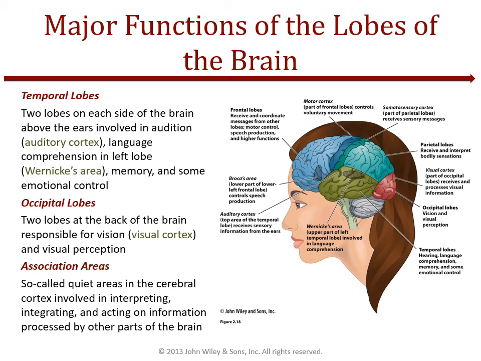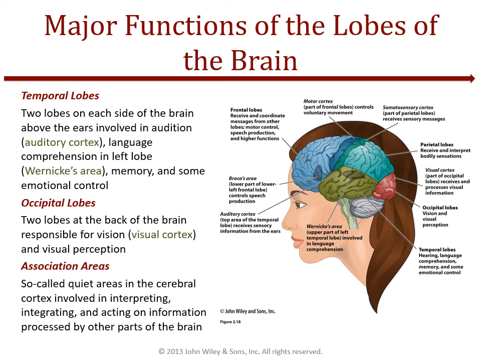So simply put, they're called association areas because they associate or connect to the various other parts of the brain. That association area could include the frontal lobe, for example, which helps with problem solving as well as being able to strategize and plan things out. The same holds true for the motor cortex, which helps with planning voluntary movements.